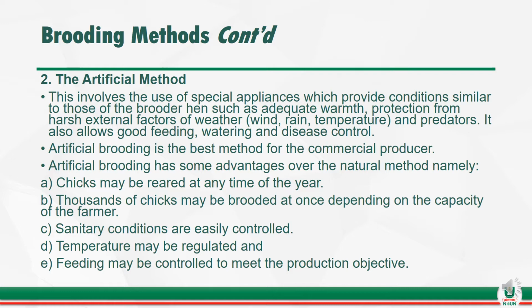Number three, sanitary conditions under this artificial method are easily controlled. Also, temperature can be easily regulated. You also want to know that feeding under the artificial method can be easily controlled to meet production objectives.